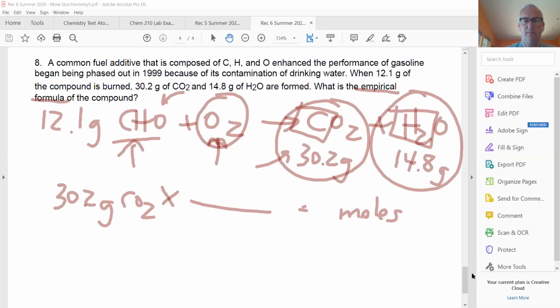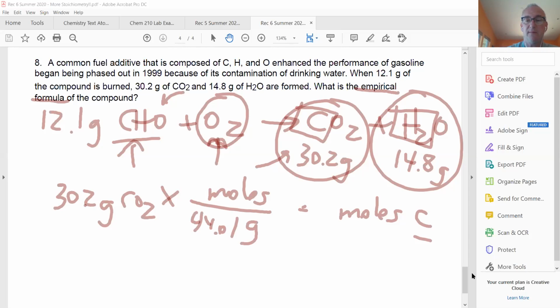Moles on top, grams on bottom. Yes, I want to get moles. I don't want to get grams. I got grams, I want to get rid of grams. CO2 is around 44, I think 44.01 or something like that. We don't need it super precise. So that gives me moles of not only CO2, but just moles of carbon.